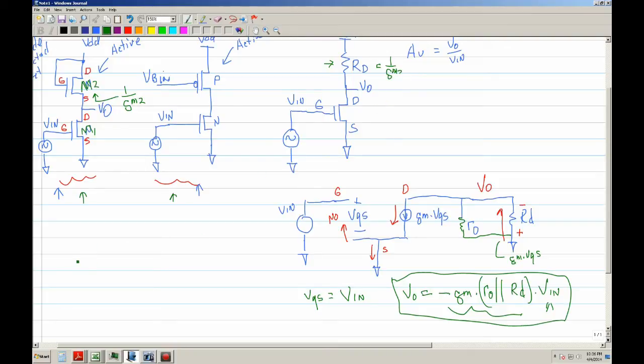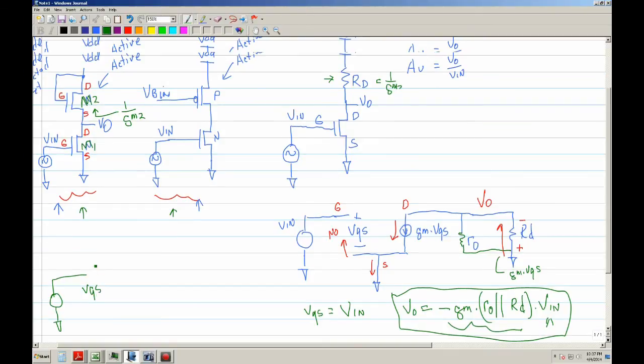So if you do the same procedure, there's going to be a rout because of the first transistor.